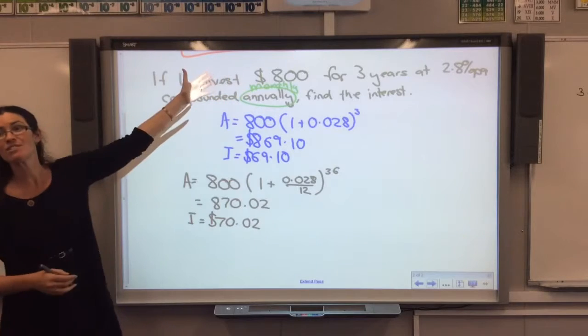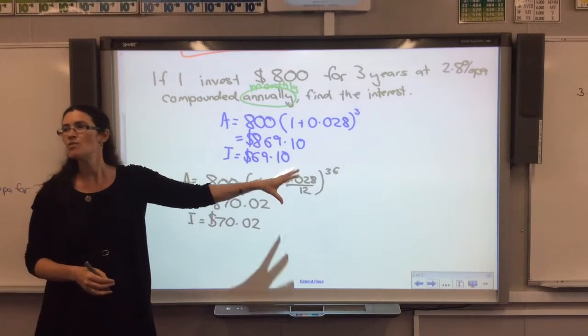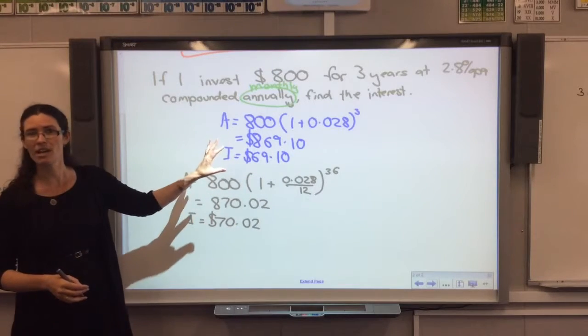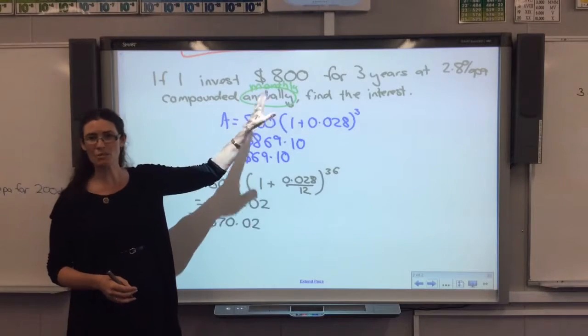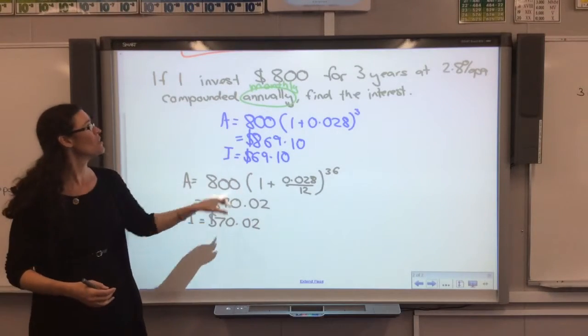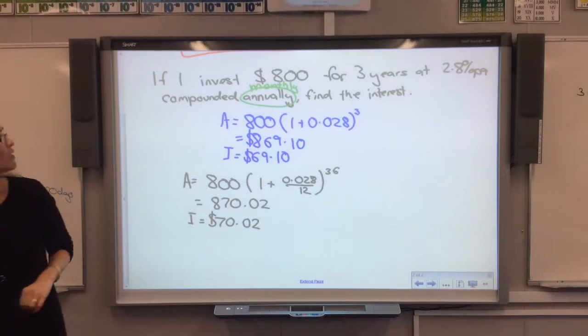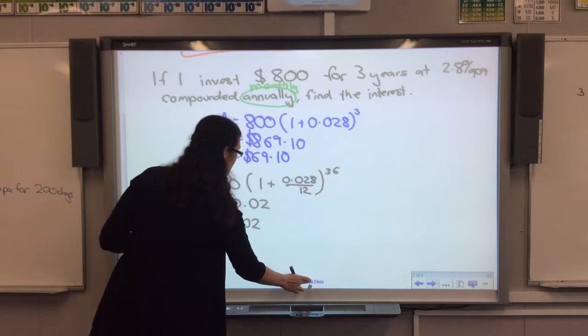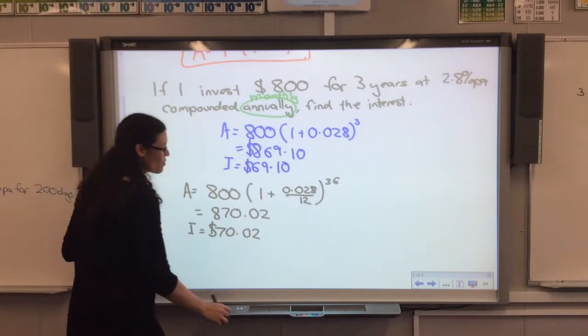But if it was $8,000, you'd be looking at a bit more difference. And the longer you invest it, the more this changes, okay? So even on this small amount of money invested at a very small interest rate for a small amount of time, we can see that you get more interest when it's monthly rather than annually. Okay? We're going to do it one more time. This time we're going to replace the word with quarterly.